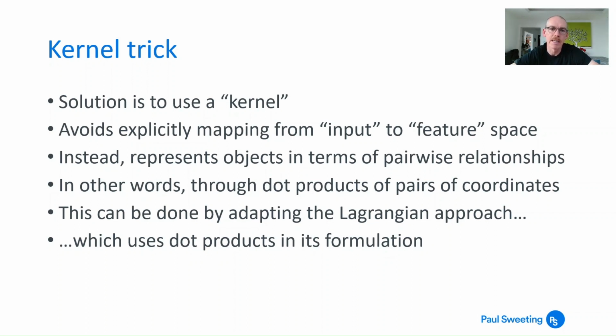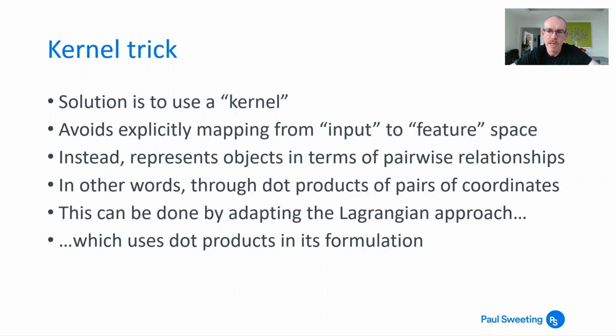Instead, it represents the objects in terms of pairwise relationships. So what this really means is, instead of having these complicated functions with lots of cross products and so on, you're just looking at the dot products of pairs of coordinates.